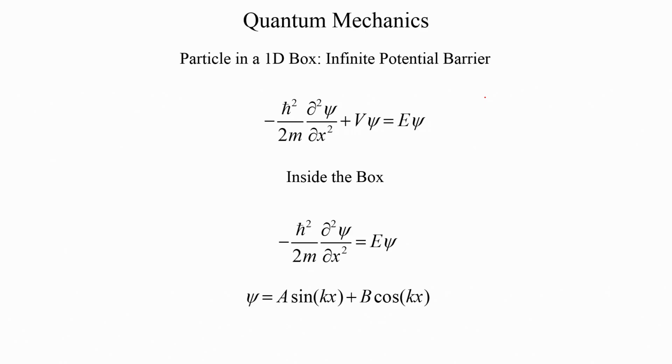So, we can now write Schrodinger's equation for this example of a particle in a box, and say that this is the kinetic energy, that is the potential energy, and that is the total energy. For the region inside the box, the potential energy is 0, and therefore Schrodinger's equation reduces to this simple form.